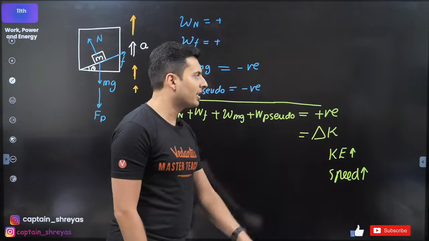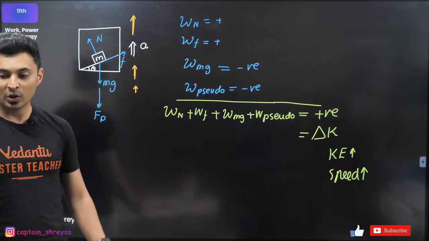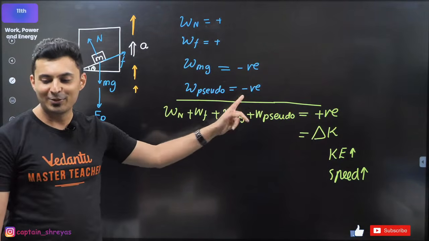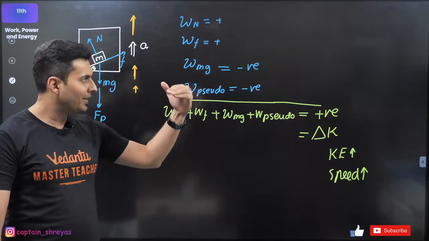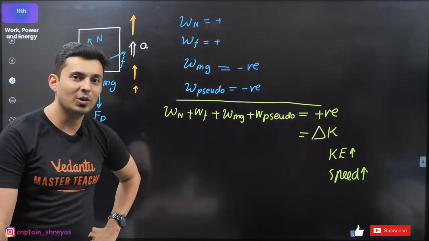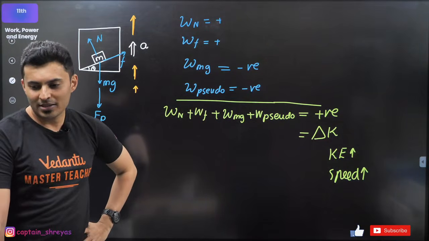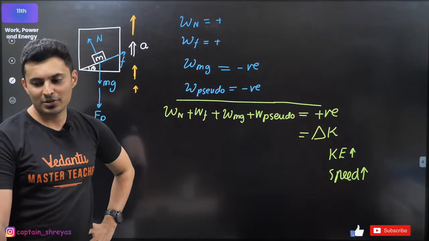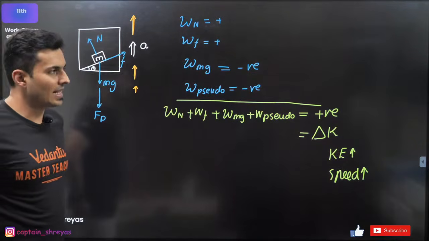So by the work kinetic energy theorem, it has to be positive. Got it? It's not negative, it is positive. Such a brilliant question, and so many people make mistakes. But that's okay, that's the reason why you have come over here. It's not going to cancel out, only because of this acceleration.